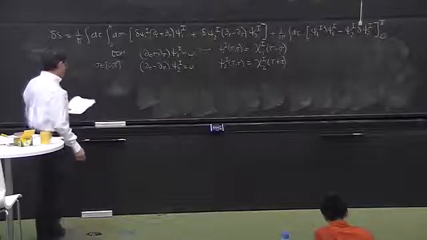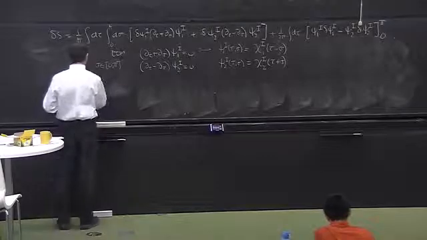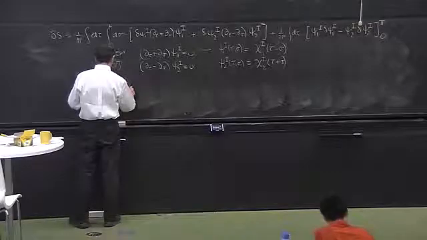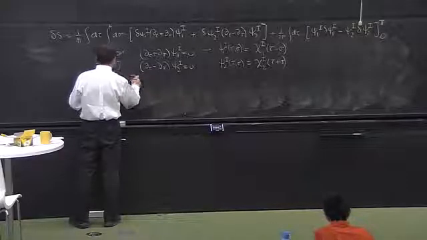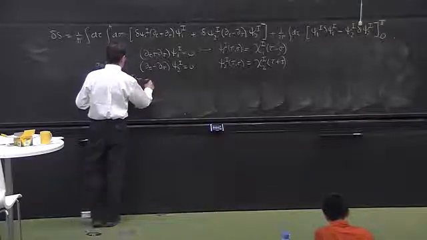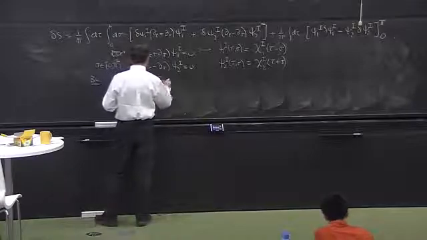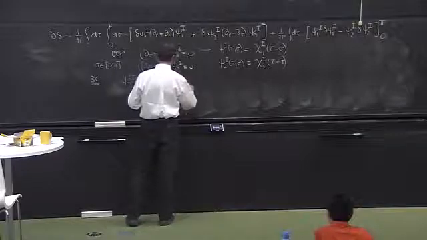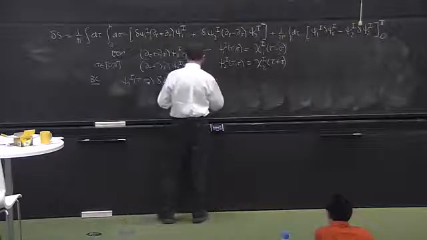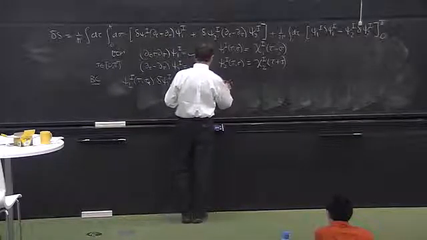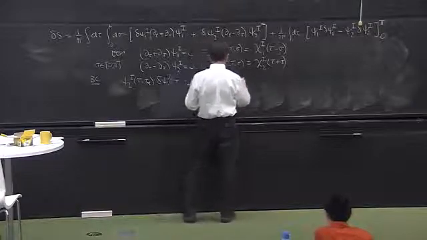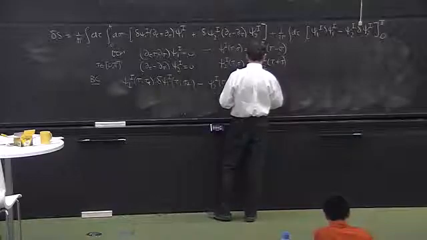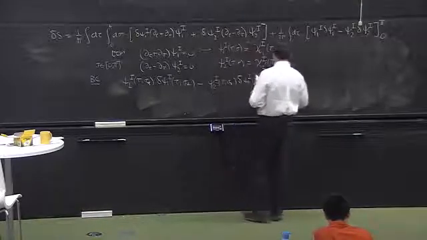How about boundary conditions? This is where it gets strange. Psi 1I delta psi 1I at sigma star minus psi 2I delta psi 2I at sigma star must be 0.